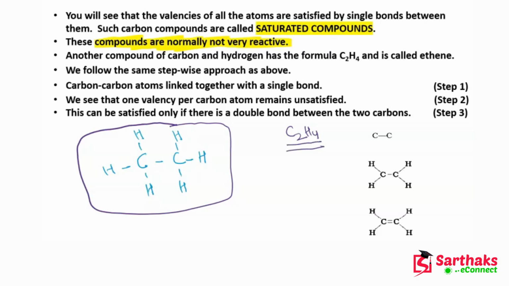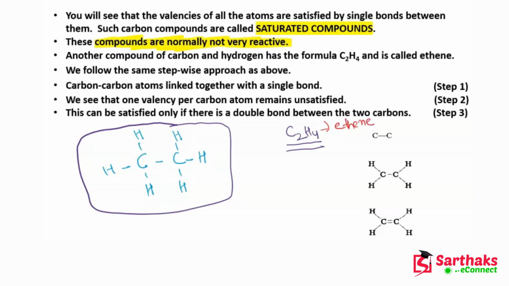And what is a hydrocarbon? Where only carbon and hydrogen are present. Only carbon and hydrogen should be there. So this is a hydrocarbon. The name of this hydrocarbon is ethene.